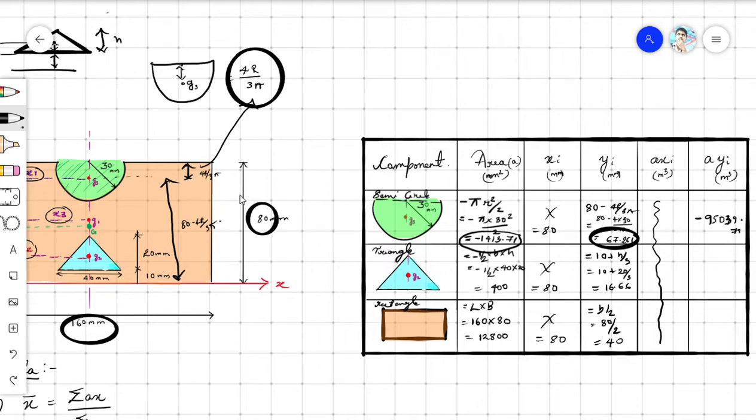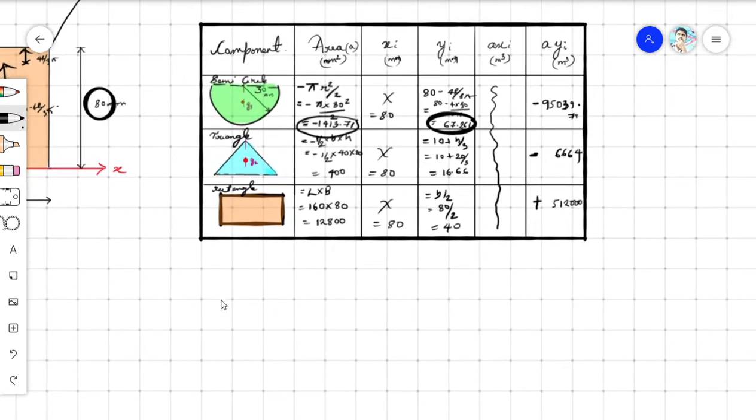The triangle also comes as a negative value, that is 6664, and the only positive answer is the rectangle, 12800 into 40, that is 512300. So I'm not calculating anything, I'm just putting in direct values.